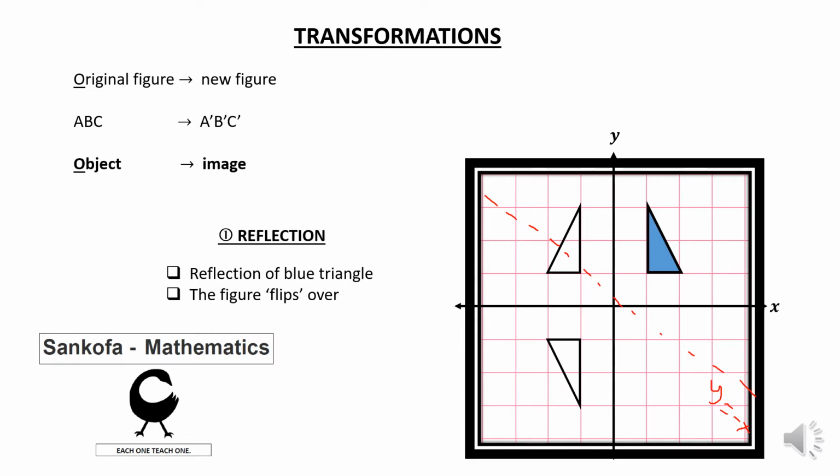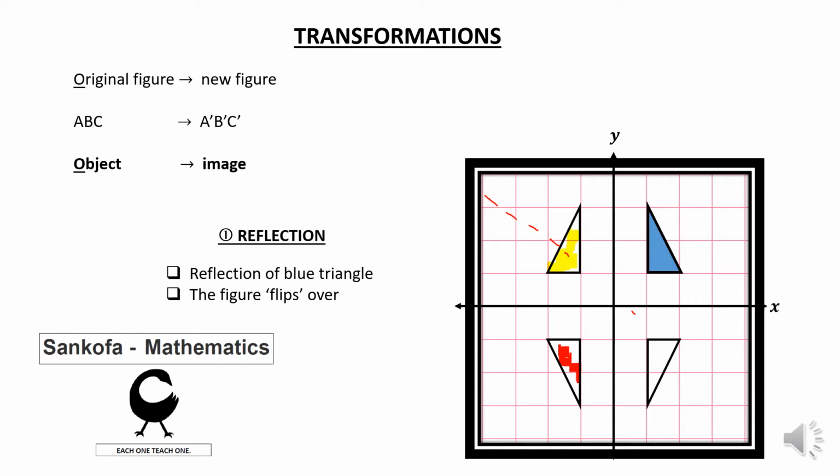Or let's suppose this triangle here is reflected on the x-axis, and this is going to be the image. So this one here will be the image after that particular reflection. Again, if you take the same blue triangle and reflect it on the x-axis, that's how it's going to be.